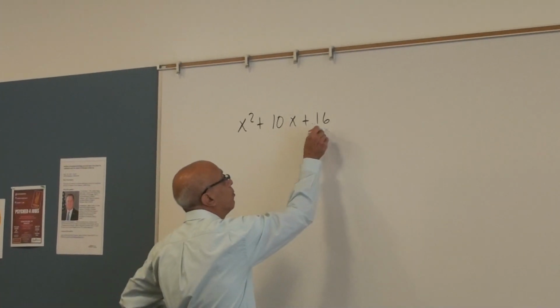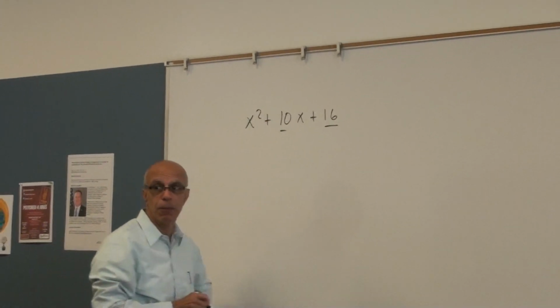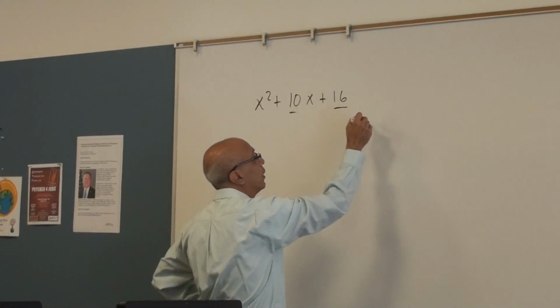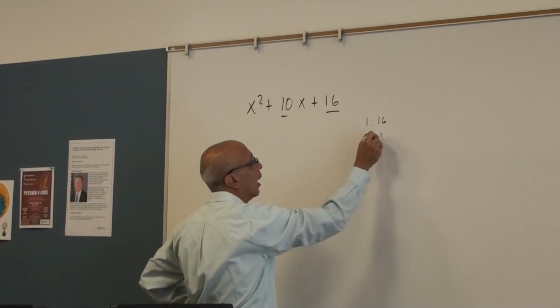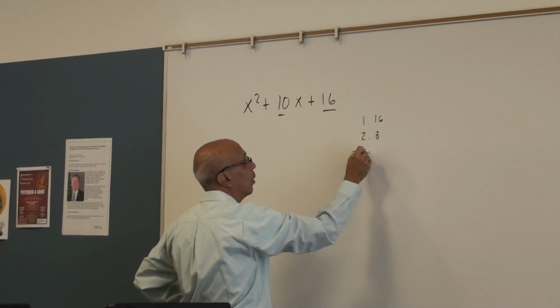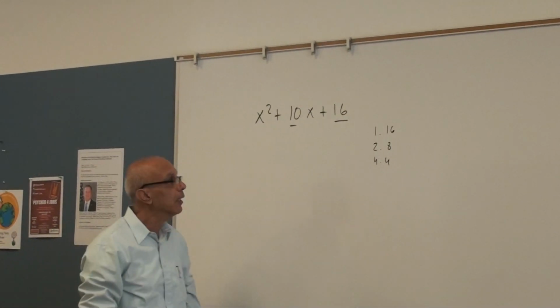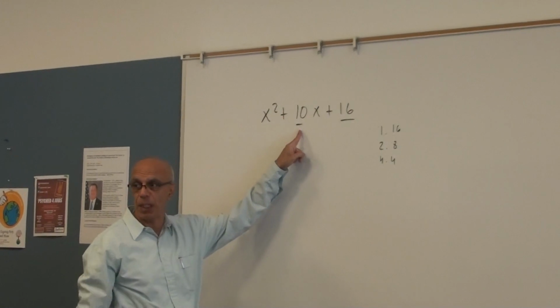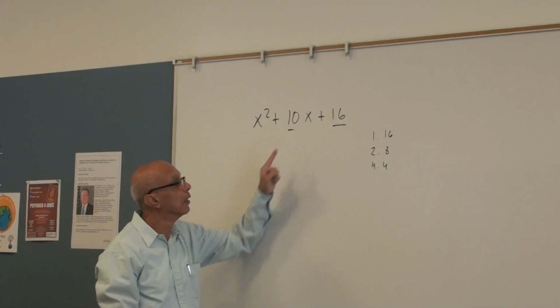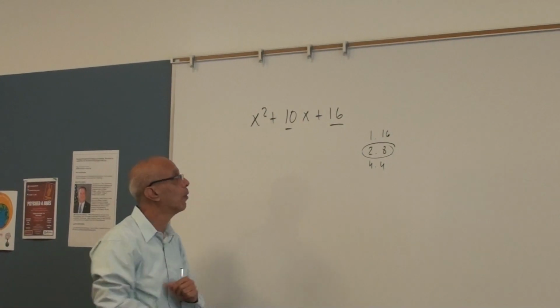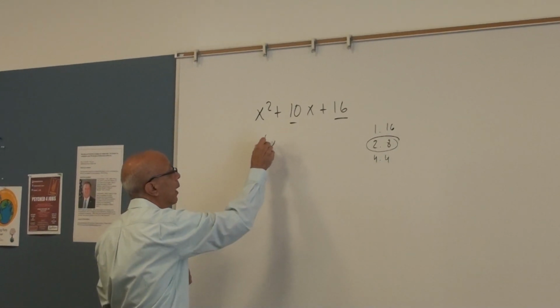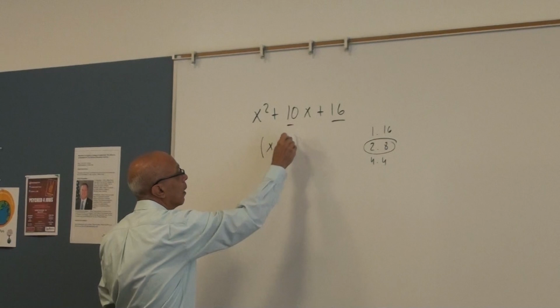This is the product, and this is the sum, right? So product of 16: 1 times 16, I have 2 times 8, and I also have 4 times 4. The key thing is that here, the sum needs to be 10. So we can see right away it's 2 and 4.